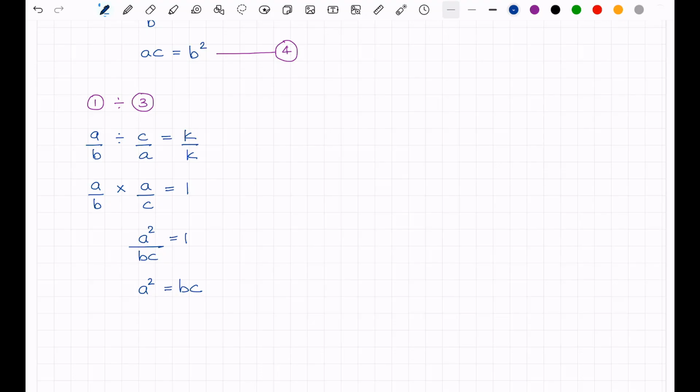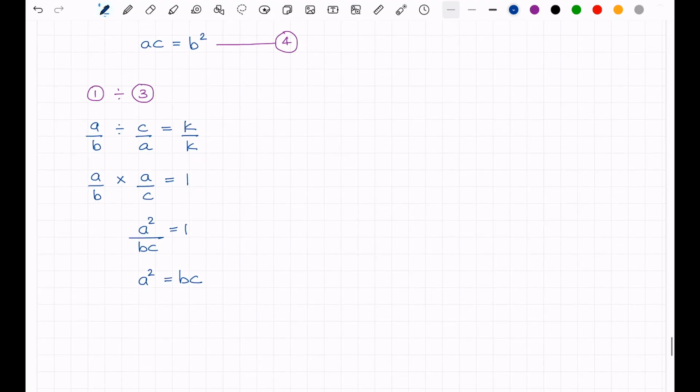So what I might do is I will make c the subject. So I can just flip these around and write bc equals a squared, and then I'll divide both sides by b. So I'll be left with c is equal to a squared divided by b, and that I will call equation 5.